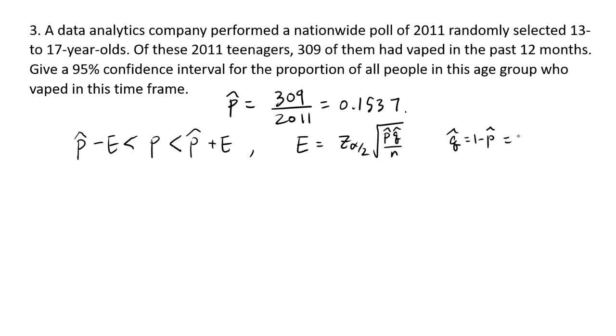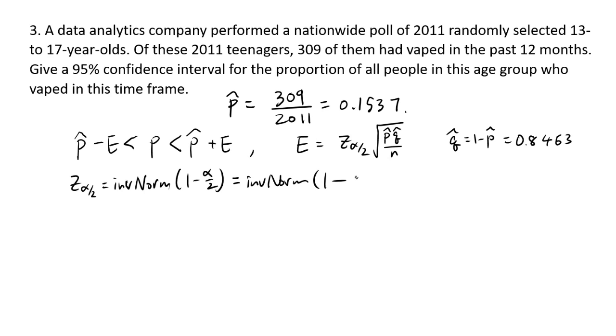Now in our case, Z alpha over 2 would be the inverse norm of 1 minus alpha over 2. With a 95% confidence level, the alpha value is 0.05, because 1 minus 0.95 is 0.05, and you divide this by 2.